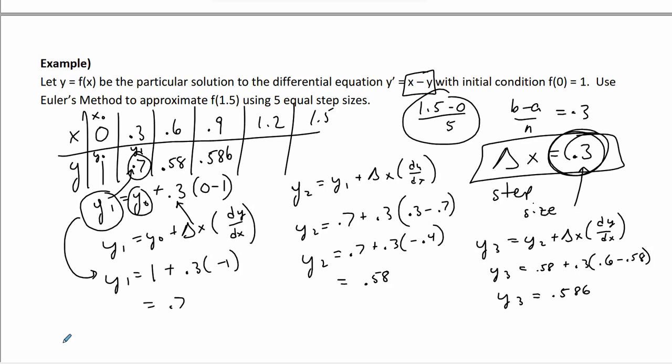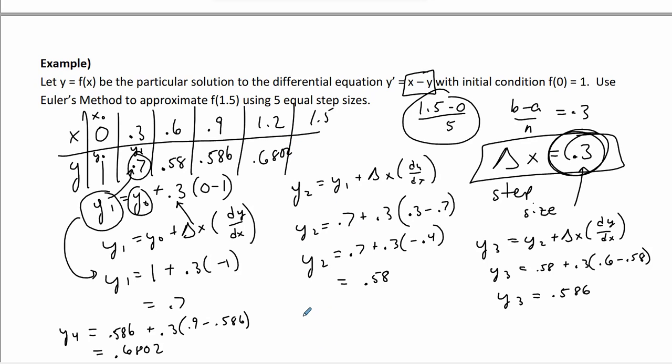We've got to go to y sub 4. y sub 4 is equal to y sub 3, which in this case is 0.586, plus 0.3 times, now I have to subtract 0.9 minus 0.586, which is going to be 0.6802.